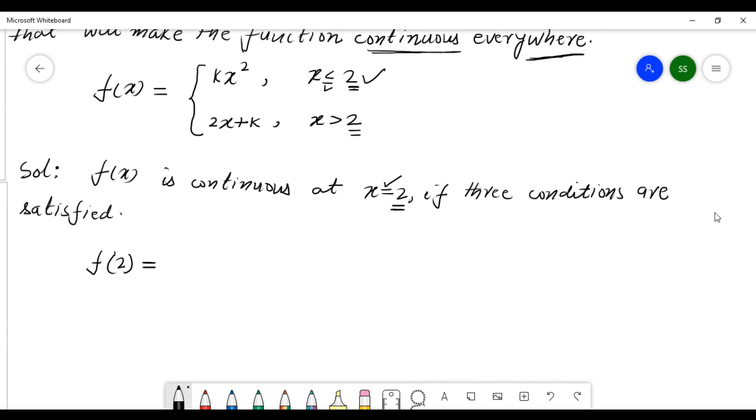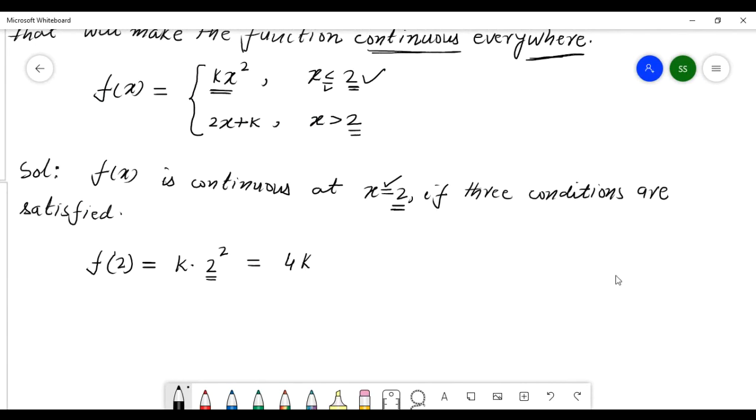Here. x equal to 2 is in the domain of this function. So f(x) is kx square, x square means 2 square, this equal to 2 square is 4. 4 times k, 4k. This is 4k. Right? Is equal to 4k.